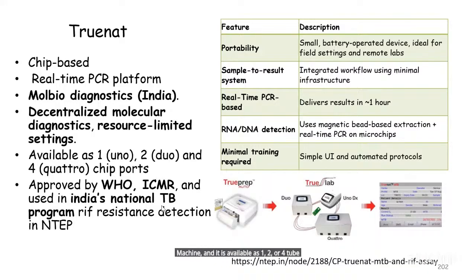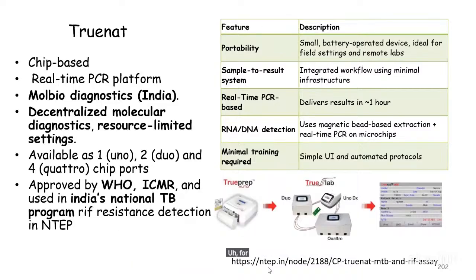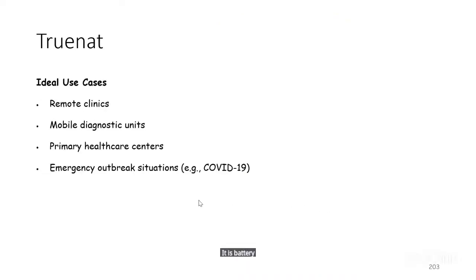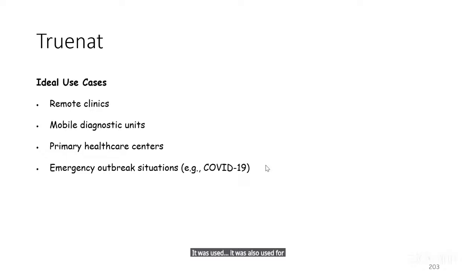It is approved by WHO and ICMR, and it is used in the national TB program for rifampicin resistance as well as for the detection of tuberculosis. It is battery operated, so very suitable for remote clinics, mobile diagnostic units, and primary healthcare centers. It was also used for COVID-19.